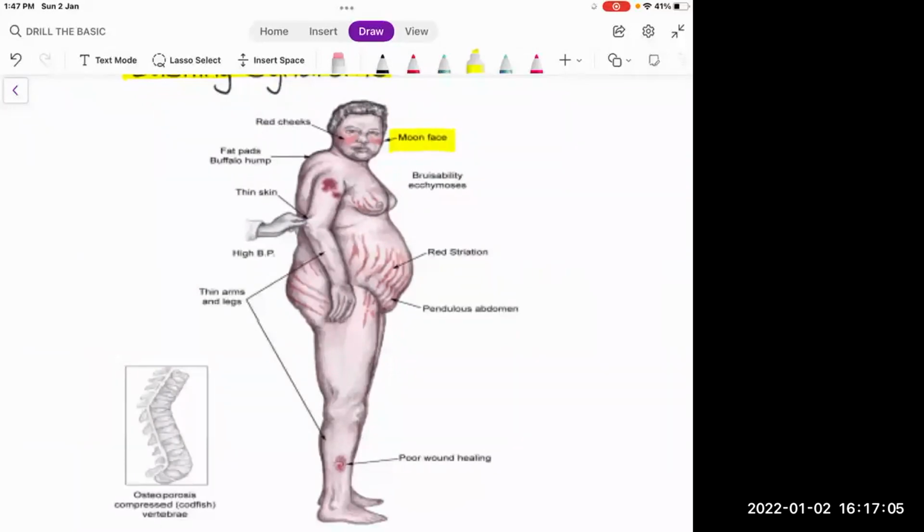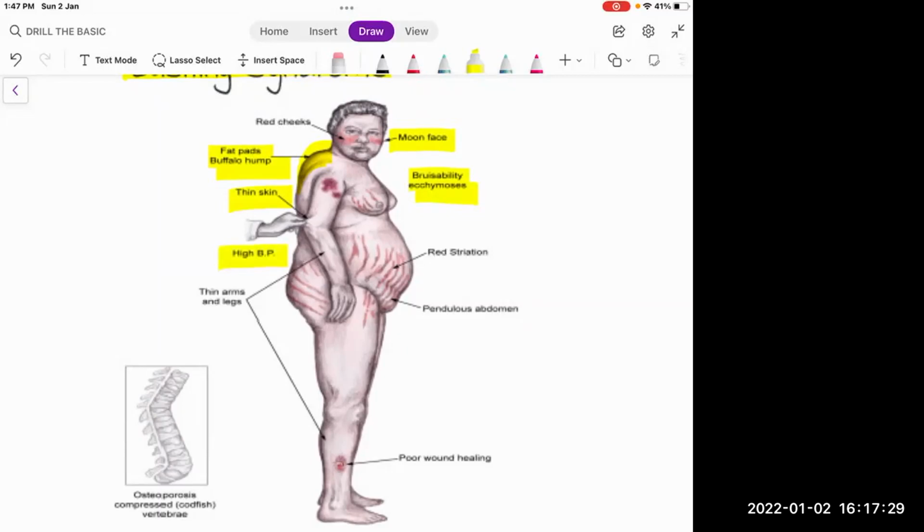All the fat will be accumulated in the face as well as in the back region, leading to buffalo hump or the fat pads. And increase of protein lysis leads to thin skin appearance. And there will be easy bruisability and ecchymosis, and it enhances the metabolic activity.